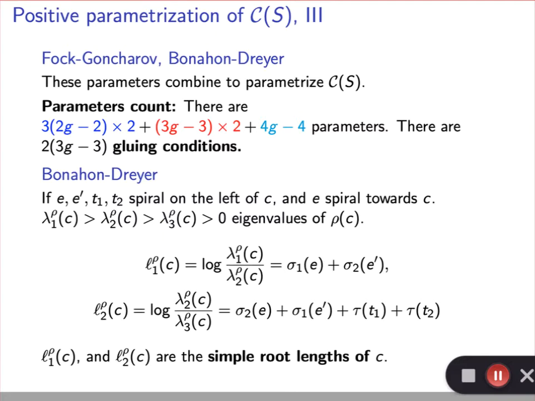So if we have two edges and two triangles that spiral on the left of a curve in the pants decomposition, and we denote the eigenvalues by lambda 1, lambda 2, lambda 3 of rho of C, then the simple root lengths, which are the ratio of two consecutive eigenvalues, are explicit functions in terms of the shear and the triple ratio, the triangle parameters. And they're written in the slide, so the sum of these parameters.